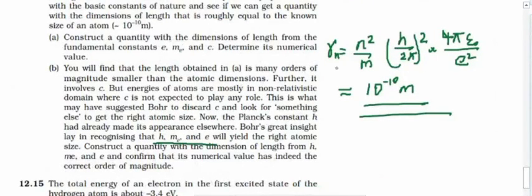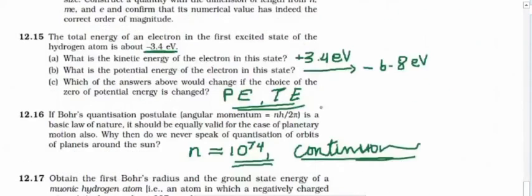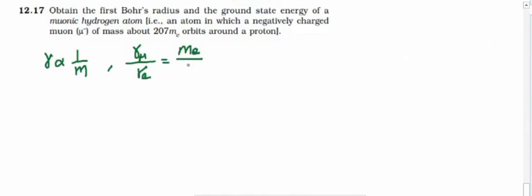In the Rn formula, what kind of relation is there between Rn and mass? You can see Rn is inversely proportional to m. So that's the concept we are going to take here. The radius of the orbit is inversely proportional to mass. If that is the case, then the radius of muonic hydrogen divided by the radius of electron is equal to the ratio me by m mu, inverse relation.